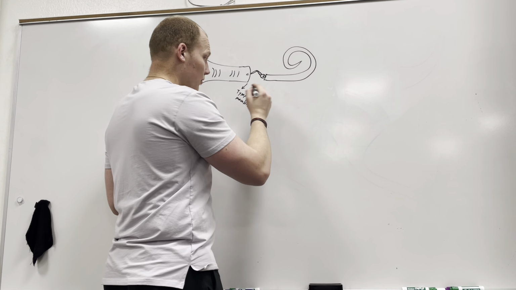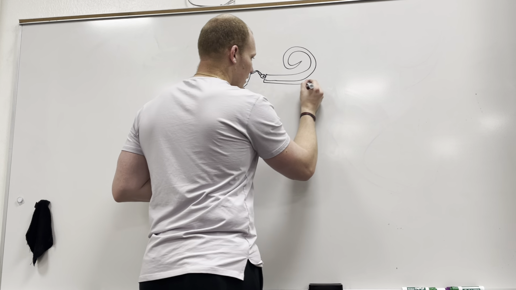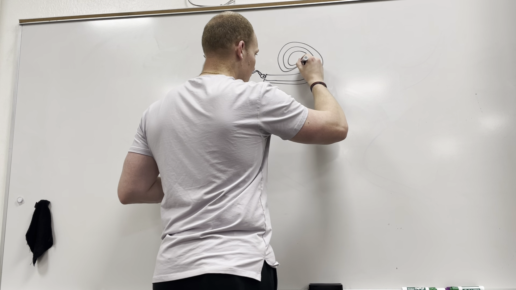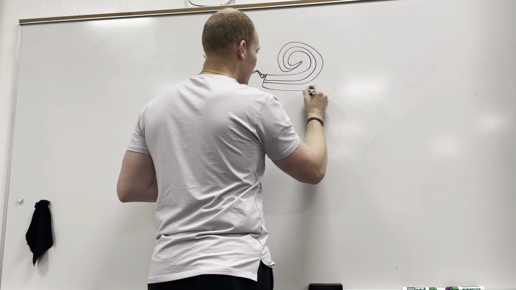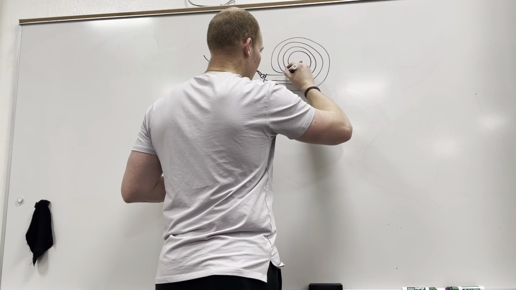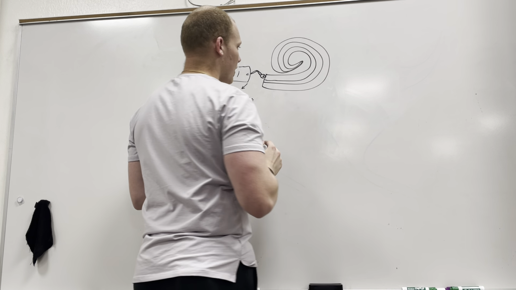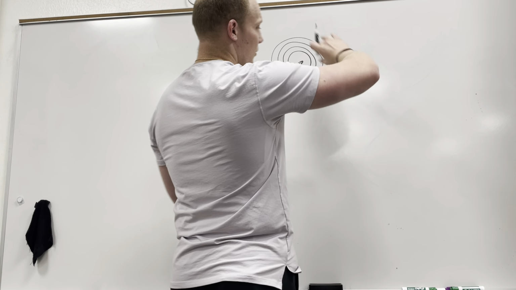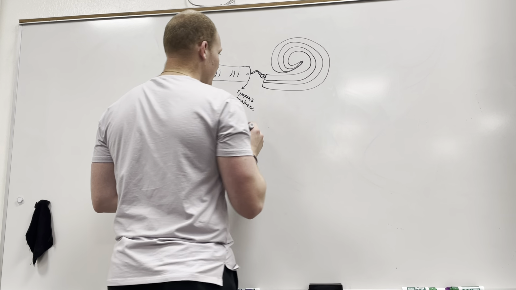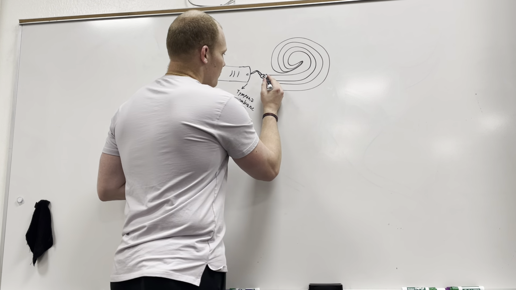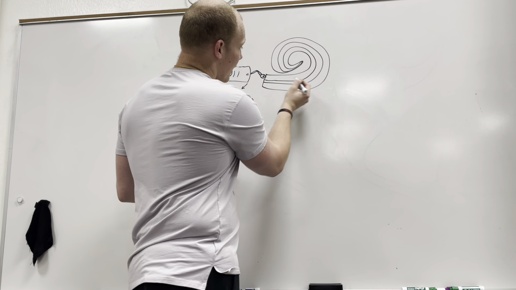There's that oval window. And we have a little membrane here. It comes around. And another thing that comes around. So it kind of looks like this big old swirl right here, right? So the oval window, it comes and it hits.